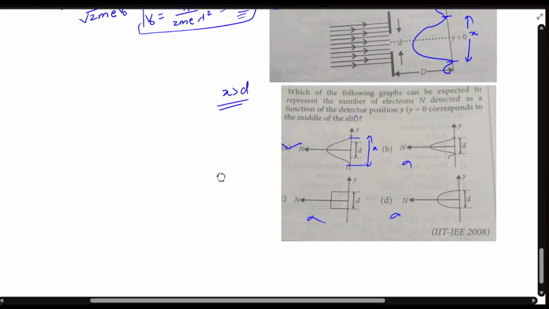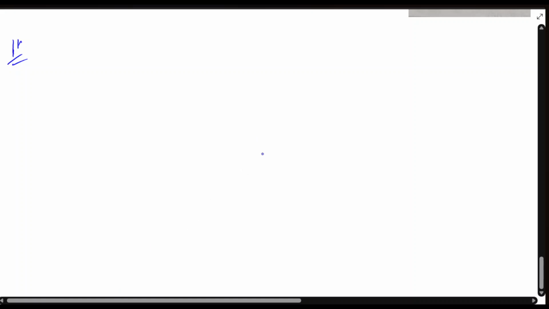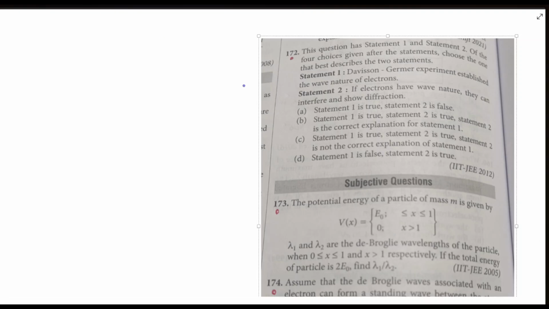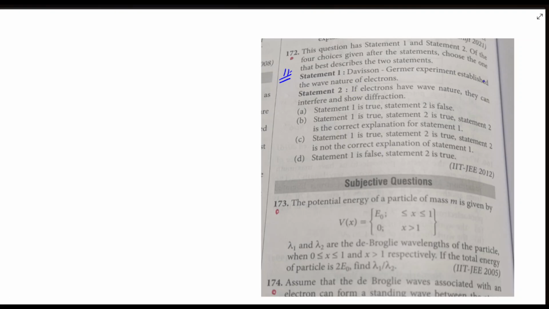Okay. Let's move on to our last three questions. Last three questions are these. So this is our 11th question. We have two statements. The Davisson-Germer experiment established the wave nature of electrons. Absolutely right. If the electrons have wave nature, they can interfere and show diffraction.